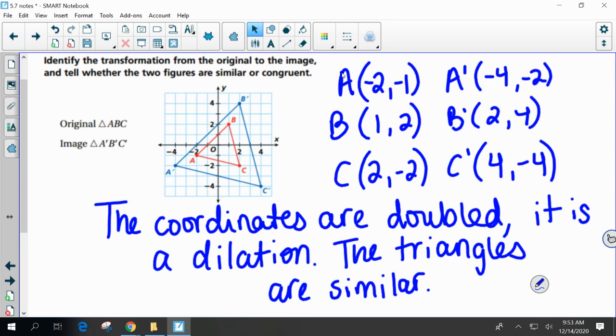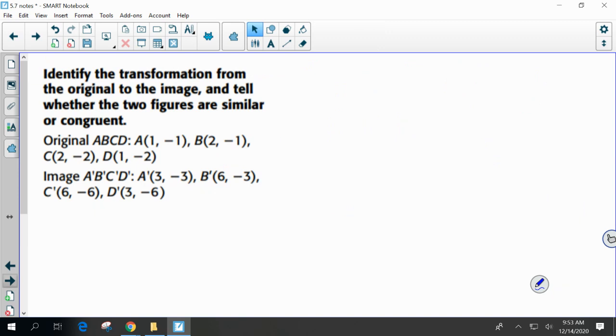Okay, so if we take a look at the next one, there is not a graph that goes with this, but you could look at the coordinates. So look from A to A prime and B to B prime and see if you can figure out what happened. I just heard times 3. So the coordinates are all tripled.